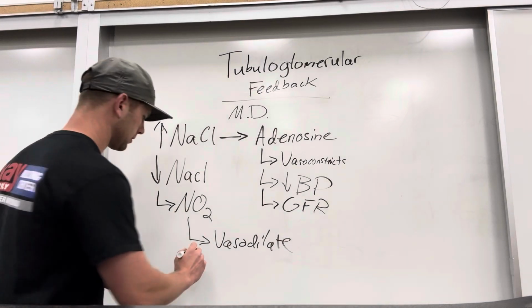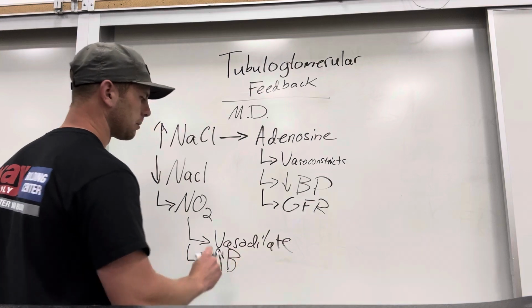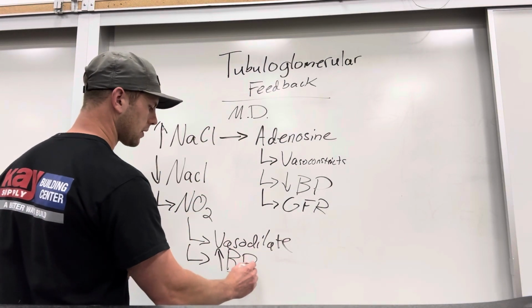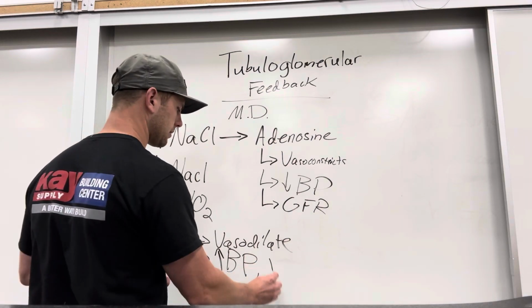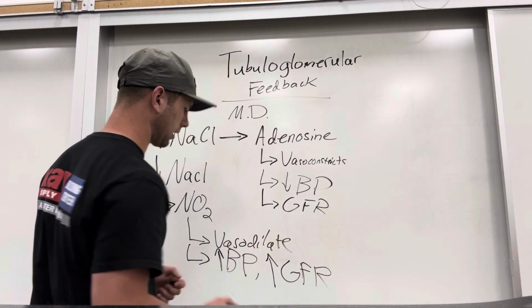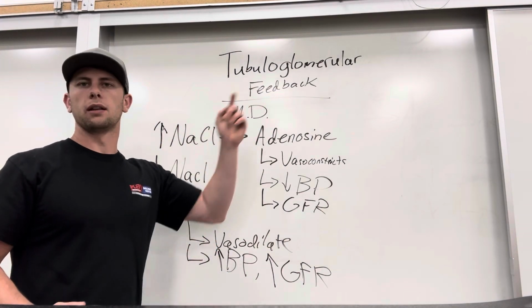And then it'll raise blood pressure because when it dilates, it lets more blood into the glomerulus, as well as raise GFR. Oh, okay, kind of sloppy. But that's the tubuloglomerular feedback.